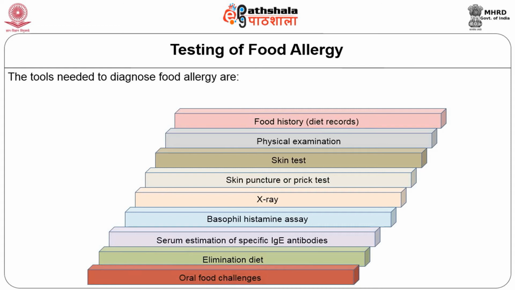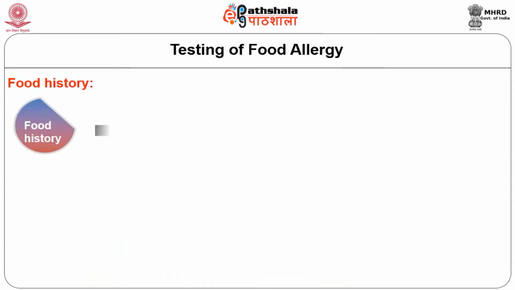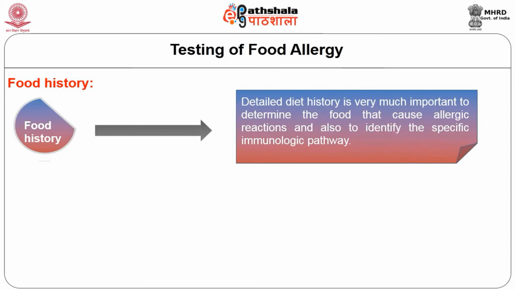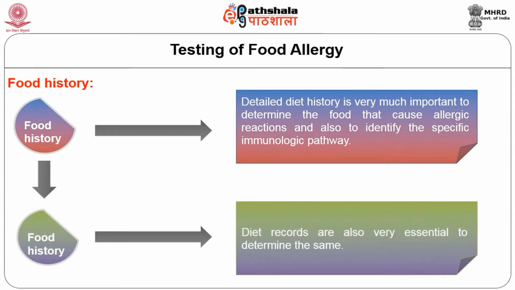Now, let us see one by one. Food history is a detailed history. It is very important to determine the food that causes allergic reactions and also to identify the specific immunologic pathway. Diet records are also very essential to determine the same.